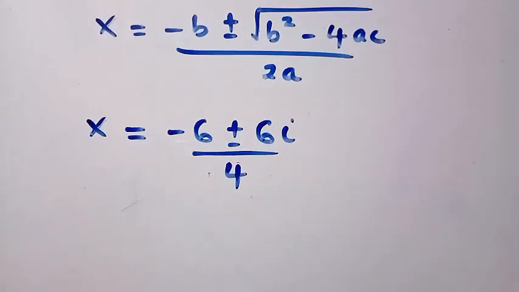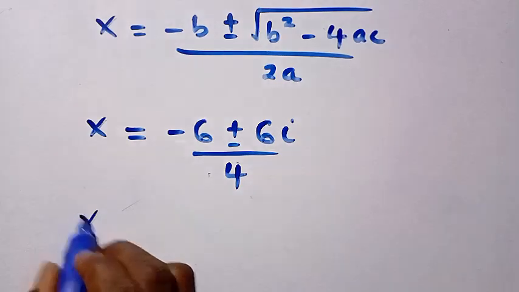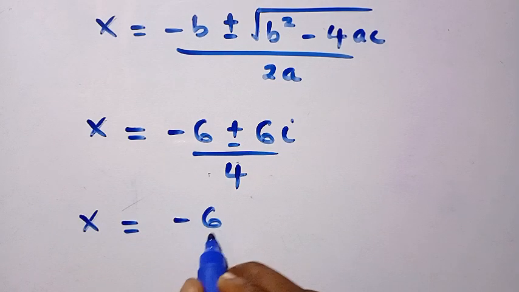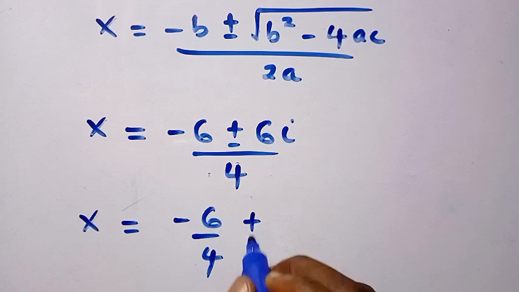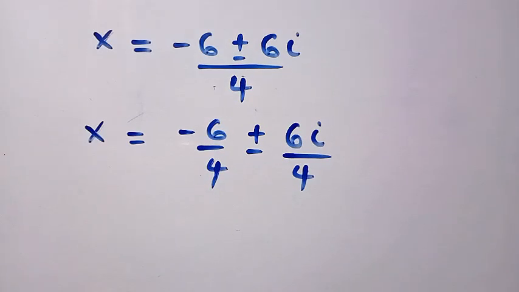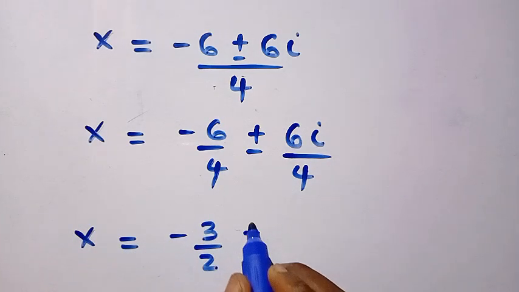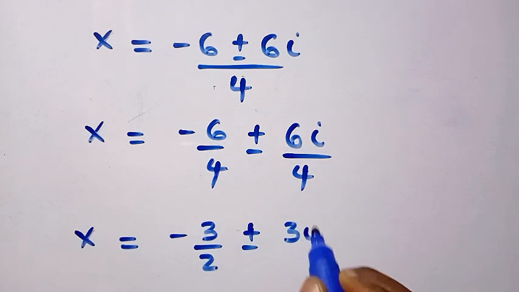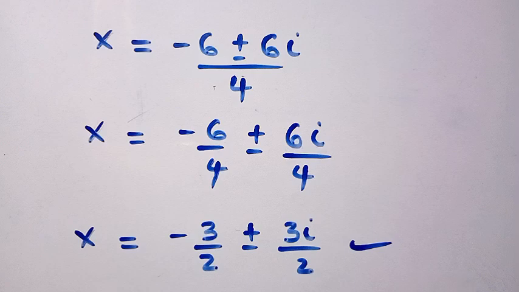Then we can separate this as -6/4 plus or minus 6i/4. Then our x equals -3/2 plus or minus 3i/2. So we have two solutions here as well.